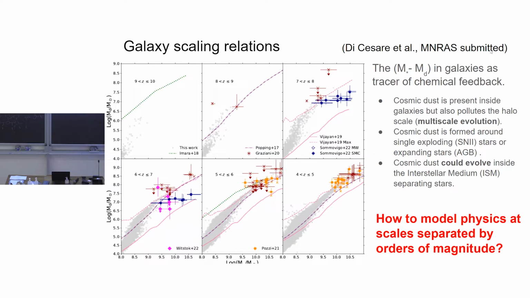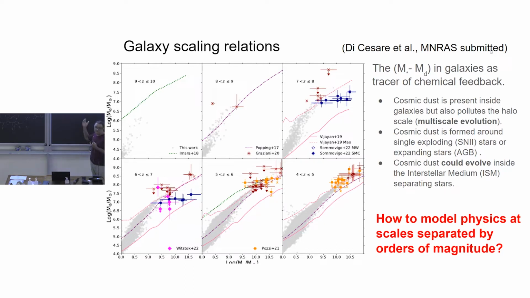Dust is produced in the local universe around supernovae, primarily. Probably AGB stars can release dust into the interstellar medium too. And there are theories saying that dust also changes and evolves inside the interstellar medium. So are you capable of reproducing all these processes in your simulation?